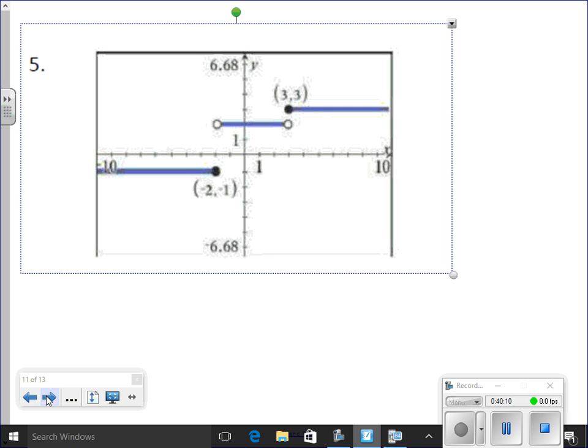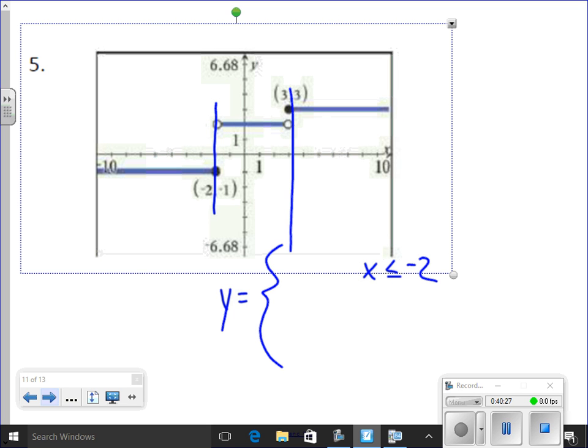And this function is all going to be horizontal lines. So y equals one thing when x is less than or equal to -2. It's going to be something else between -2 and 3. And then it's going to be something else when x is greater than or equal to 3.